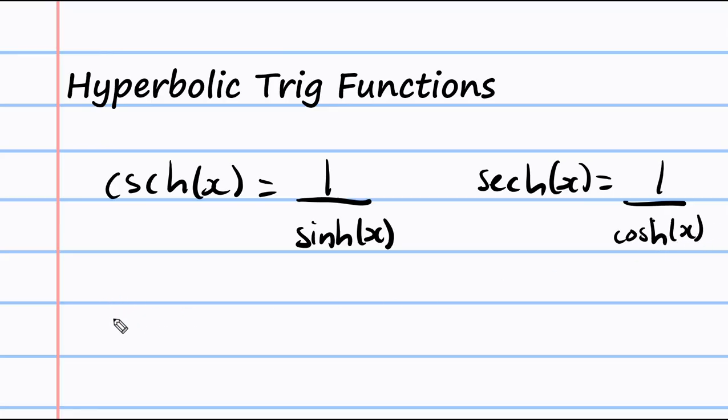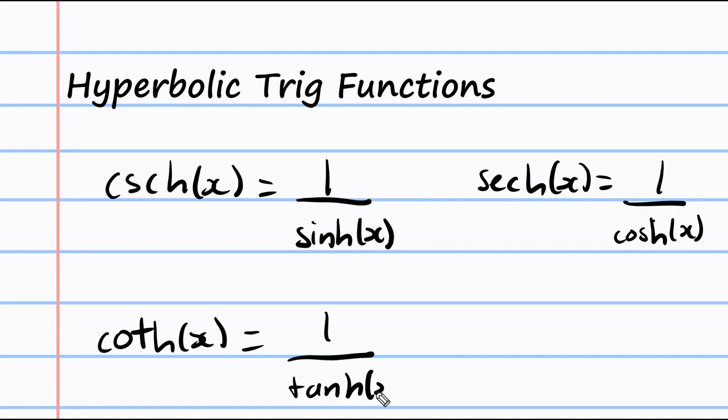And coth x is equivalent to 1 over tanh x, or cosh x over sinh x.